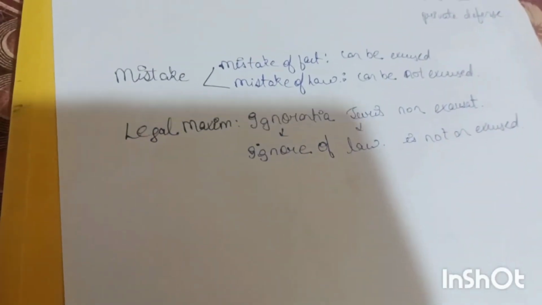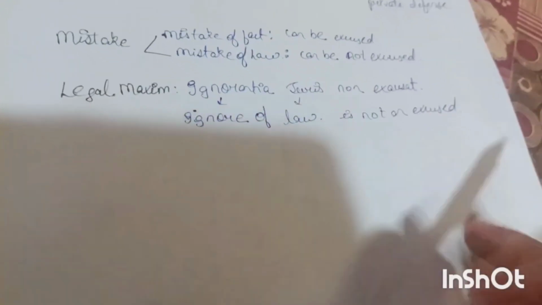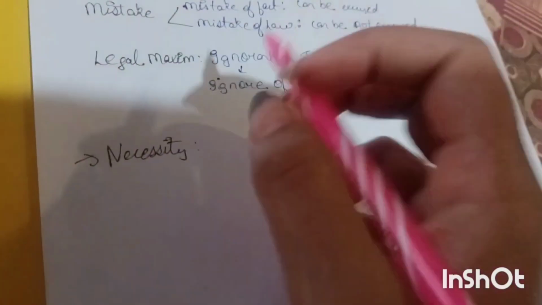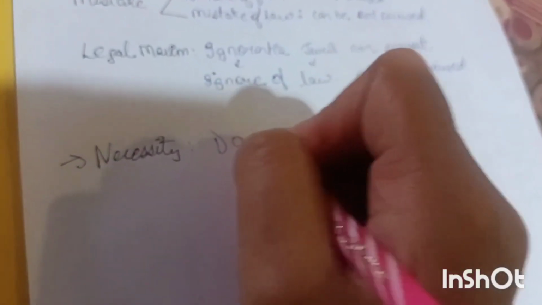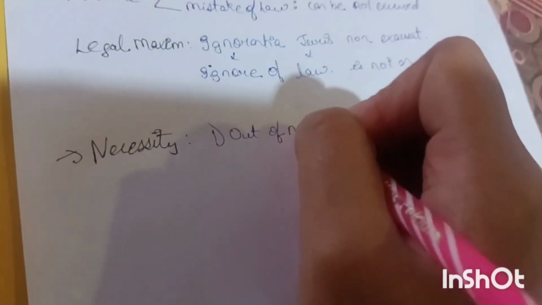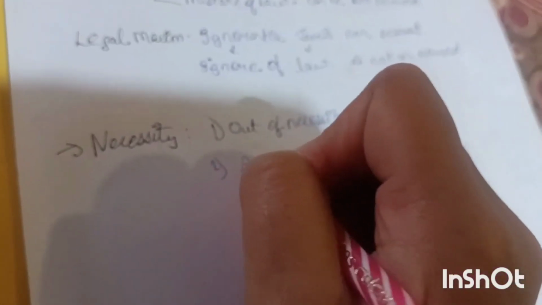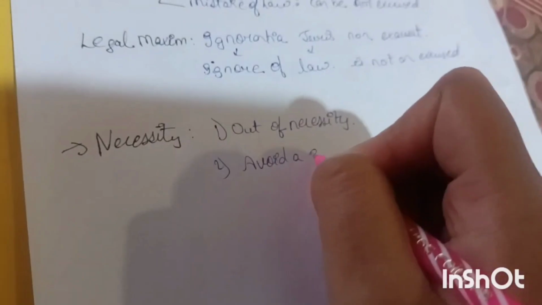Okay, so the next one is necessity. This means that you did something out of necessity. Second one is to avoid a greater harm.